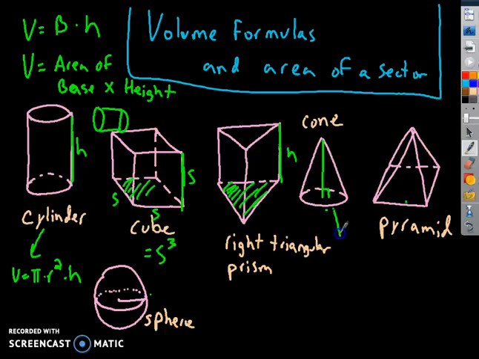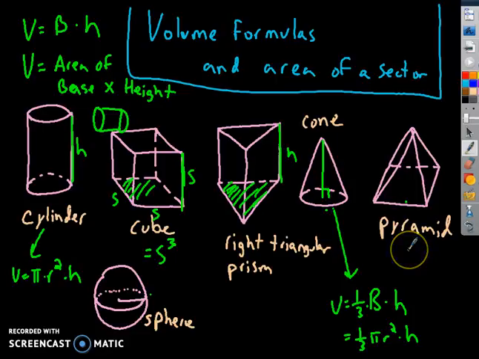So the volume for the cone is 1/3 times the area of the base times height. The base is a circle, so essentially it's 1/3 pi radius squared times height. This is a general formula, and this is a more specific formula.